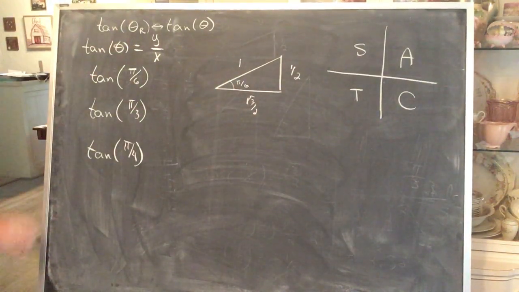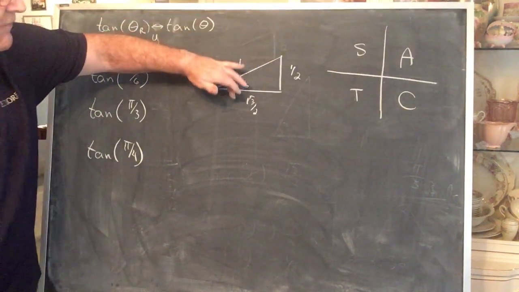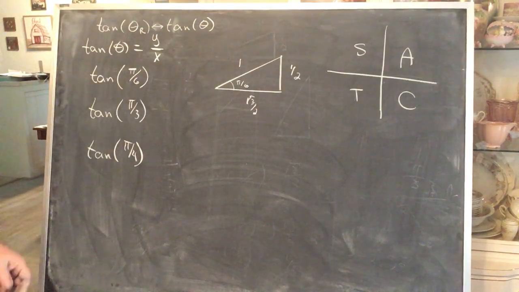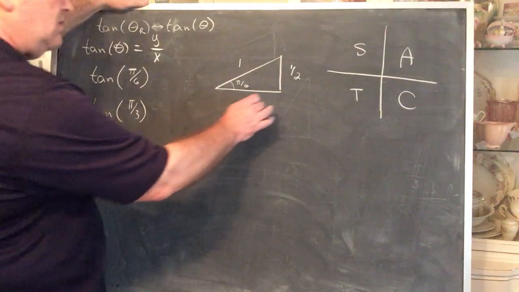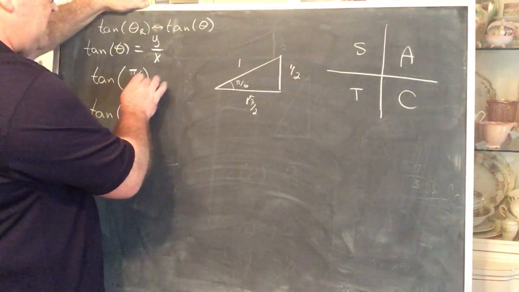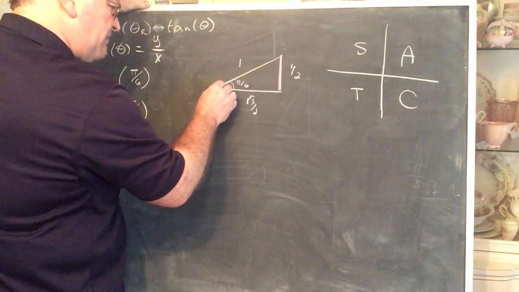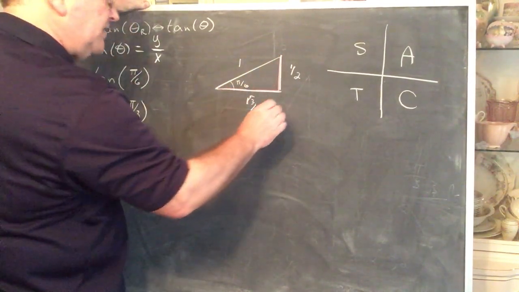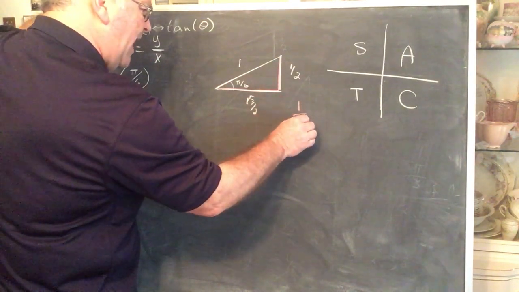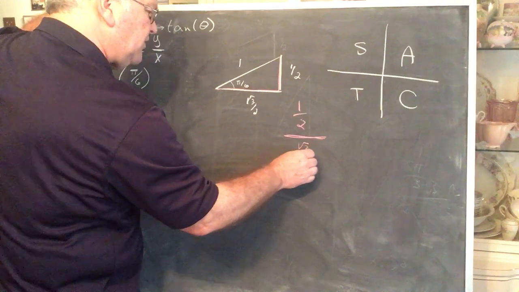Now we know tangent is y over x. That's opposite over adjacent. That's going to be, in this scenario, 1/2 over the square root of 3 over 2. Now, I'm going to write over here in red something that you don't need to write every time, but I want you to see what's happening. We would think tangent is the vertical divided by the horizontal. So in this case, that would be 1/2 divided by the square root of 3 over 2.